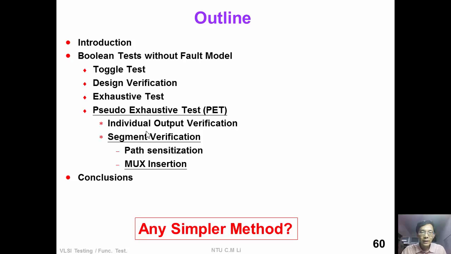You might think that, oh, test sensitization is a really powerful technique. But what if I am not smart enough to find the short test? We can use hardware solution to insert mux.